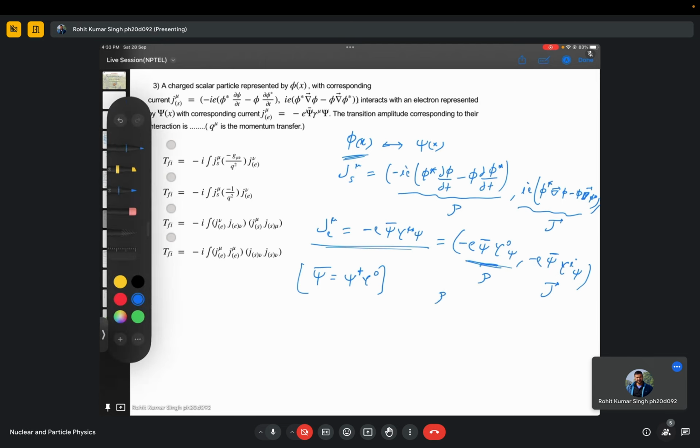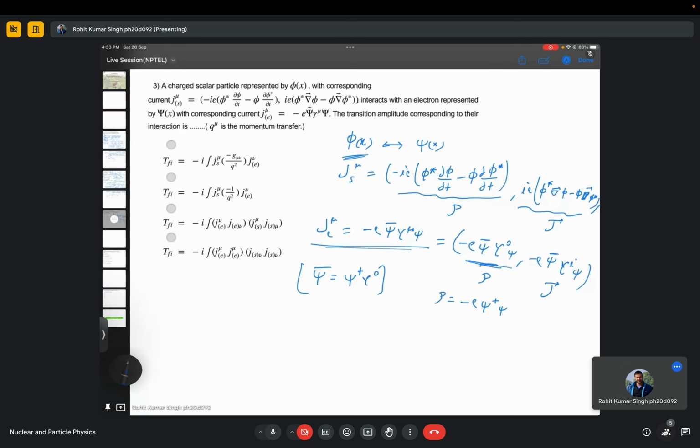So rho is nothing but this quantity, okay, and J is always this for the electron.